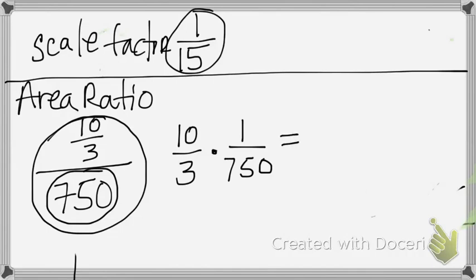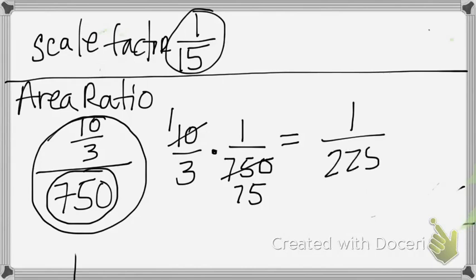All right, and then again, our cross cancellation to make our life easier. Cross out the 10, because they're both multiples of 10. And that becomes 1, and that becomes 75, which is really brilliantly easy. And then 1 times 1 equals 1. And then 3 times 75 equals 225.